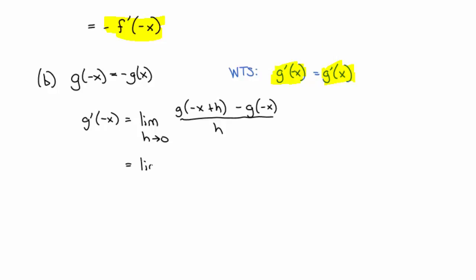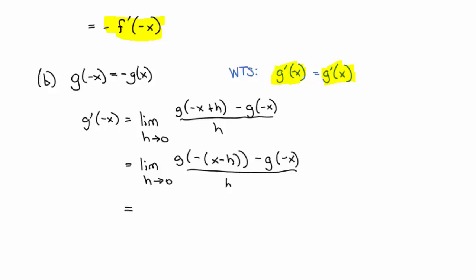It's not really factoring, it's actually using the property of g being odd, but it looks to most people as if you're factoring. I'll do it in 2 steps just to really showcase it. When you do that, you get g of negative x minus h, and then minus g of negative x, all over h.